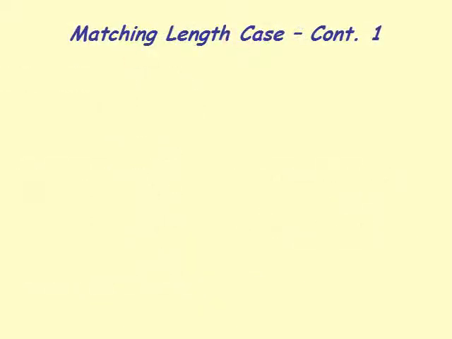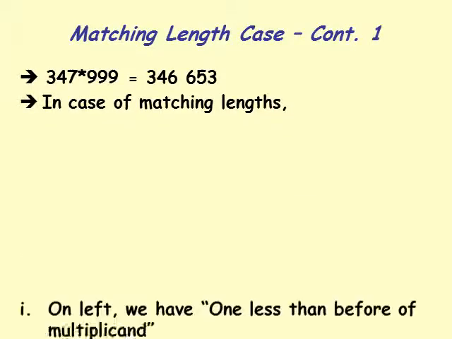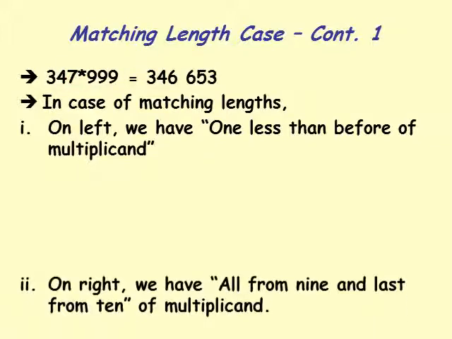Let's continue this same case example again. Let's do 347 times 9999, which is 346653 from the previous slide. In case of matching lengths, on the left we have 1 less than before of the multiplicand, so 346 is 1 less than 347.